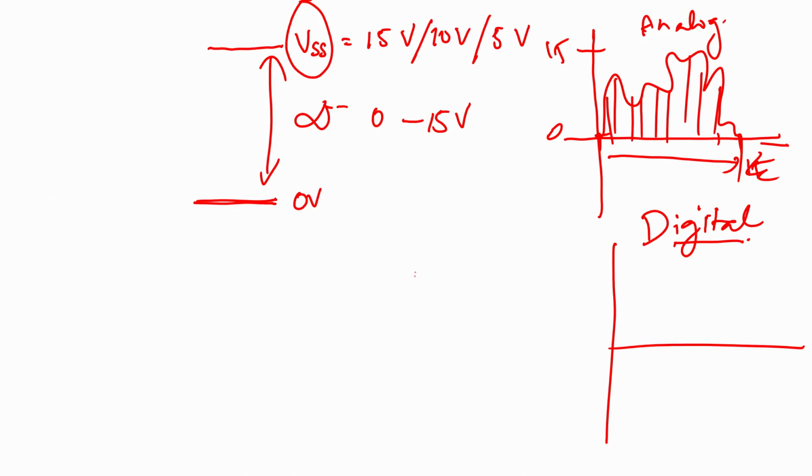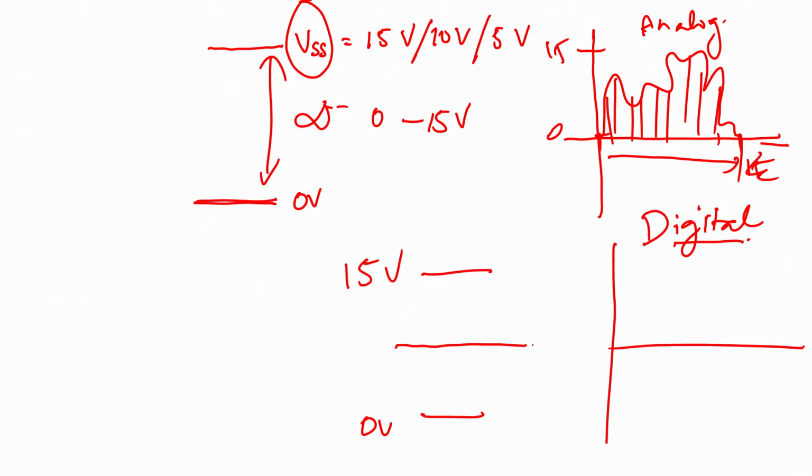So let us say we again have 0 to 15 volt as the range of values that your system, board or circuit has as input. In the digital domain, what we do is set a threshold value. This is a very crude way I am telling you, this is not exactly how things are implemented in products, but this is how you should understand things so that it all comes to you naturally.